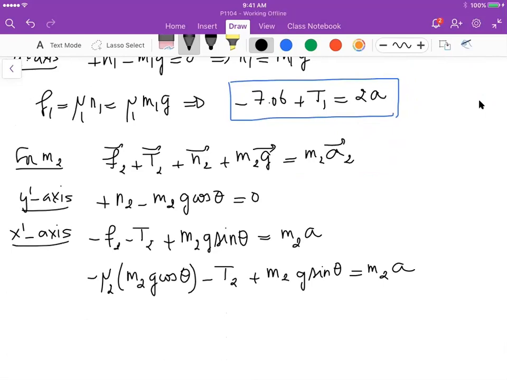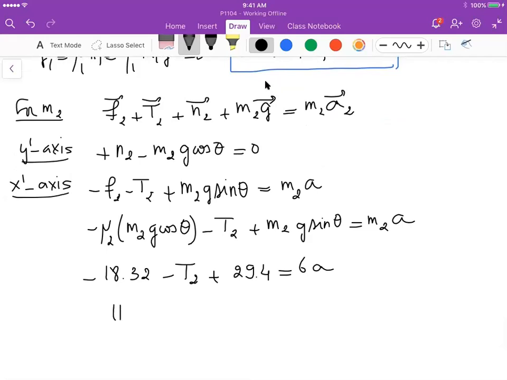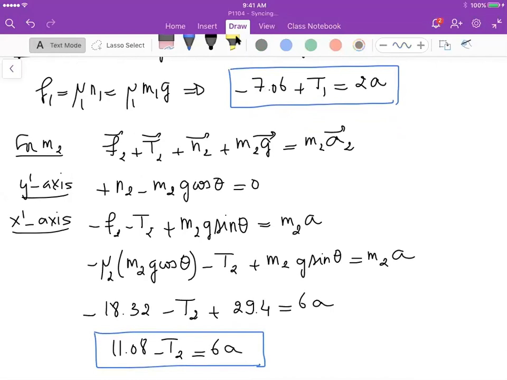So if we make the numerical application, we end up with the following expression: minus 18.32 minus T2 plus 29.4 is equal to 6 times A. If you just reduce the terms in here, you end up with 11.08 minus T2 is equal to 6 times A. And so this is equation number 2 that we get from applying Newton's second law on the block M2, right?